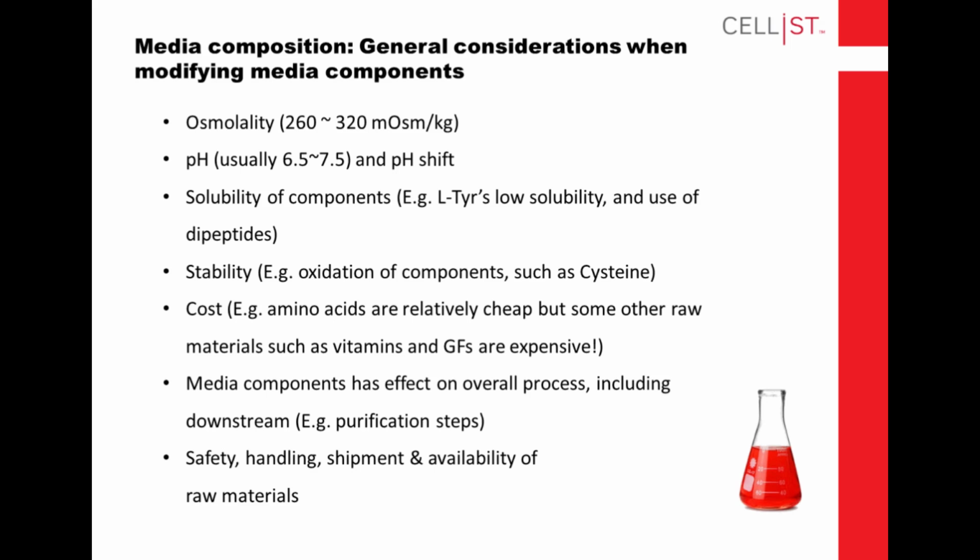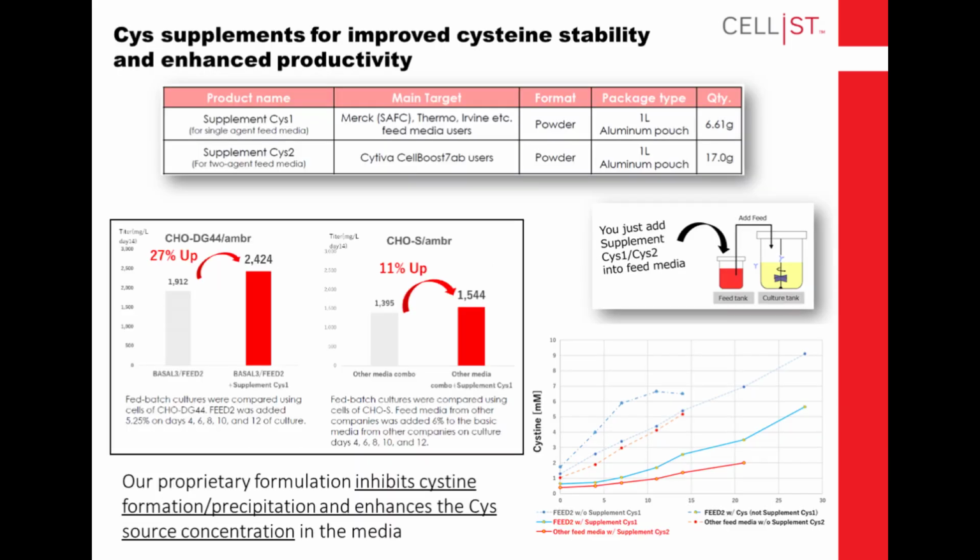For stability issues, oxidation of components such as cysteine is an important issue that we are also targeting by developing new supplements. The supplement that we developed recently is the Cyst supplement, which includes a component to ensure the cysteine is not being oxidized and gives a more stable supply of cysteine to the cells.